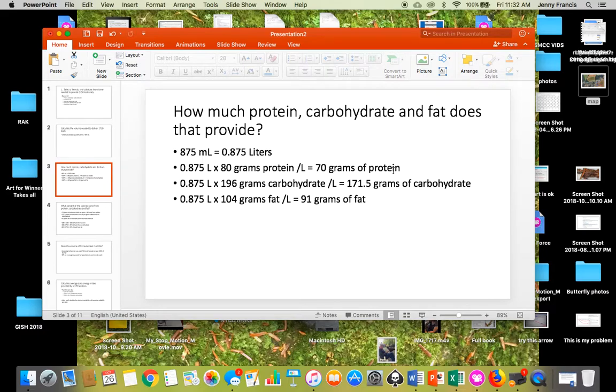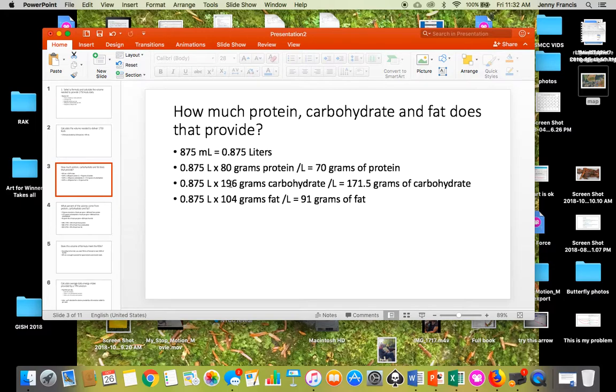So bottom line, take the amount of formula that you're giving, make sure you convert it to liters, and then multiply the amount of liters you're giving times the grams of the nutrient per liter. So for mine, it's 0.875 times 80 grams of protein is equal to 70 grams of protein.